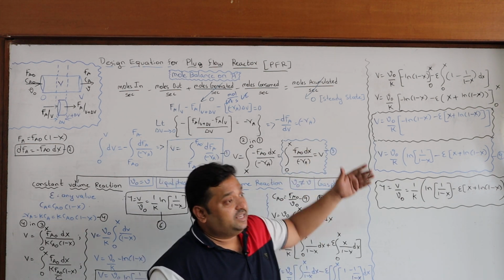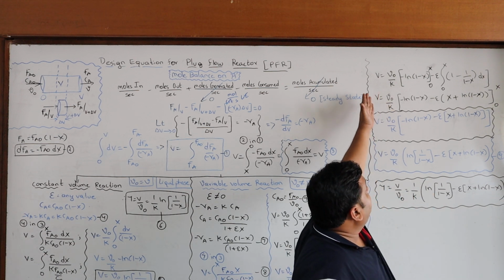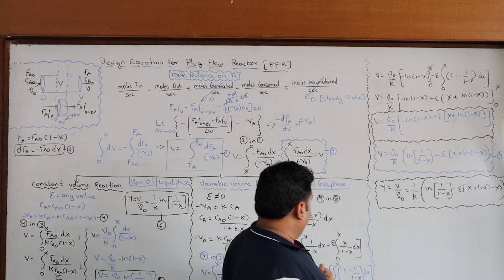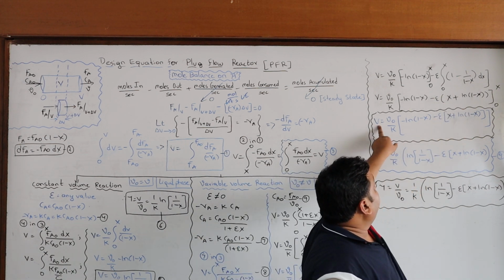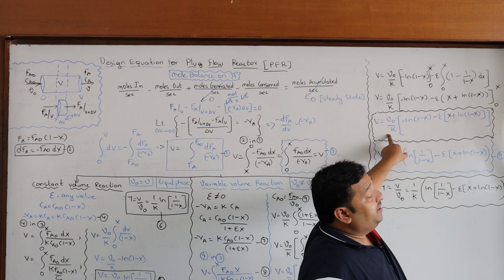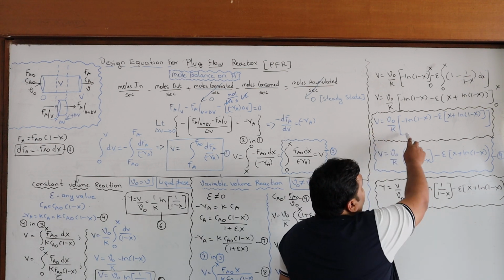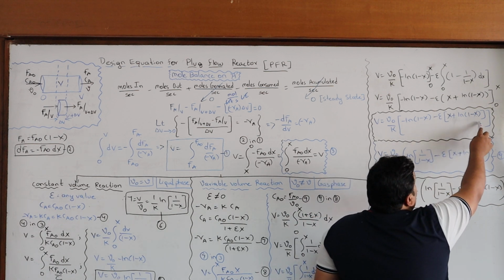Now, you separately integrate. You get one term from this part, second term from this part. Then you get the volume, which is nothing but the volumetric flow rate divided by K times minus ln(1 minus x) minus epsilon into x plus ln(1 minus x).